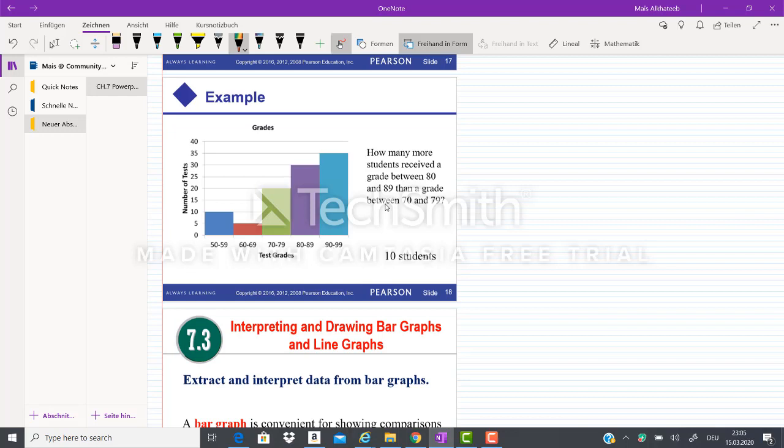How many are more? I have 20 students for 70 to 79 and 30 students for 80 to 89. So how much is the difference? 30 minus 20 is 10. So the increase is 10 students.